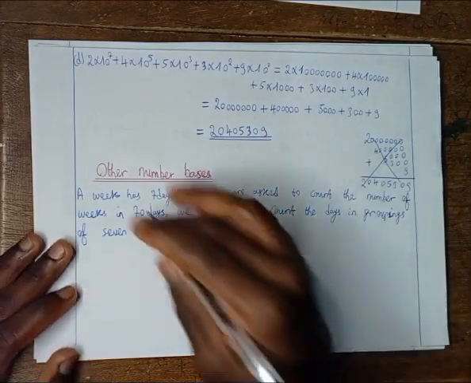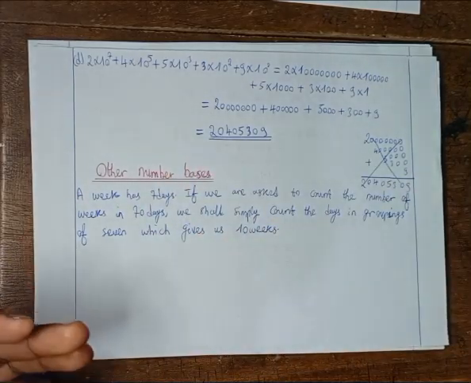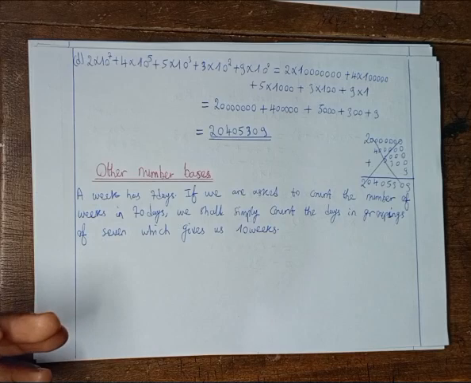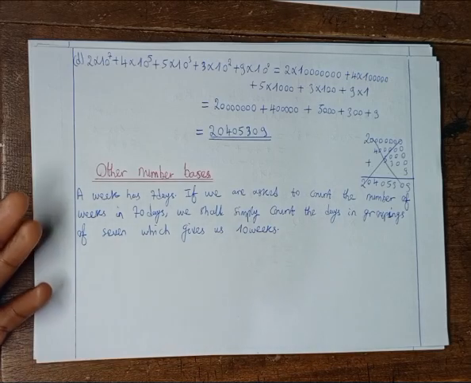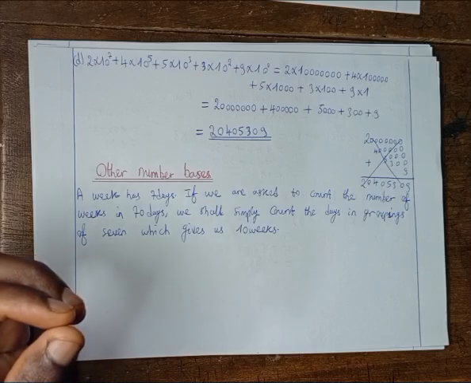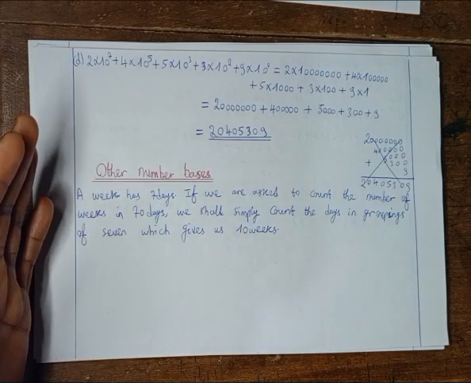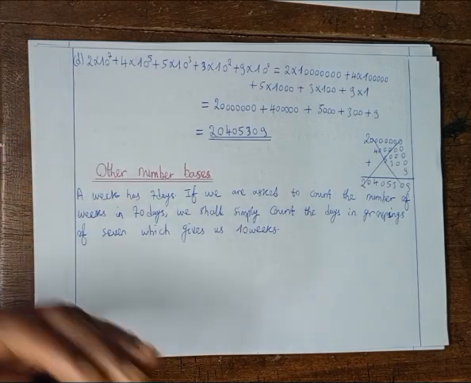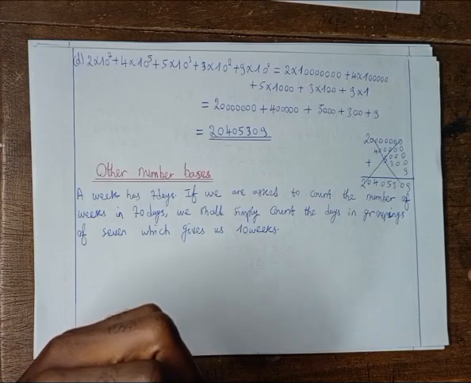That means if we are given 70 days, for us to convert the 70 days to weeks, we'll simply count the 70 days in groups of 7s, or we simply divide the 70 days by 7, of which we are going to obtain 10 weeks.